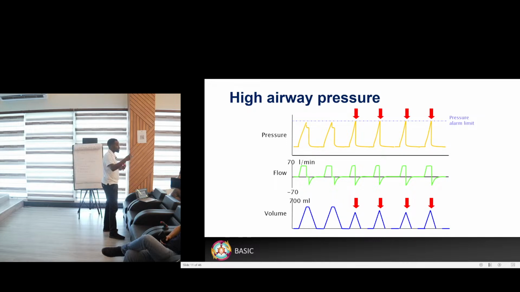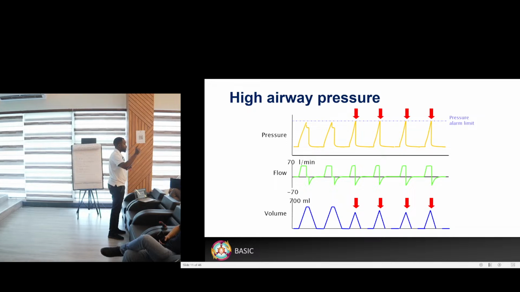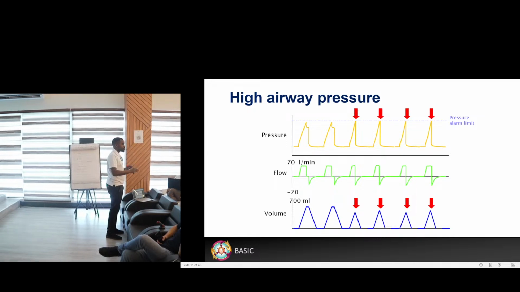As time changes, the ventilator won't increase pressure because you have already limited it, but the tidal volume will decrease. So you have to be very keen with the modes you are using. If it's a volume mode, the alarm for high pressures will go off. But if it's a pressure mode, you won't have an alarm for the high pressures. You might have an alarm for the low tidal volume if you have set the limit.